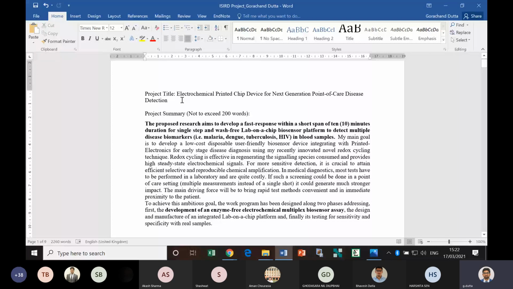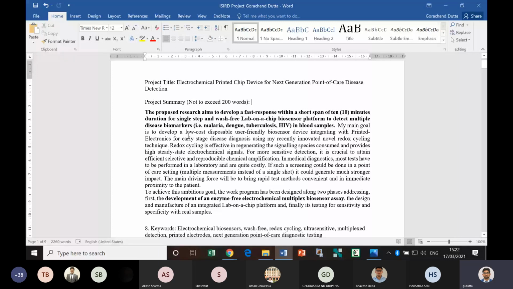This is the main theme of your work. Now you have to write a summary of your work. When a reviewer checks your proposal, they want to see at a glance what you are going to do. So within 200 words, something like this, you have to propose.